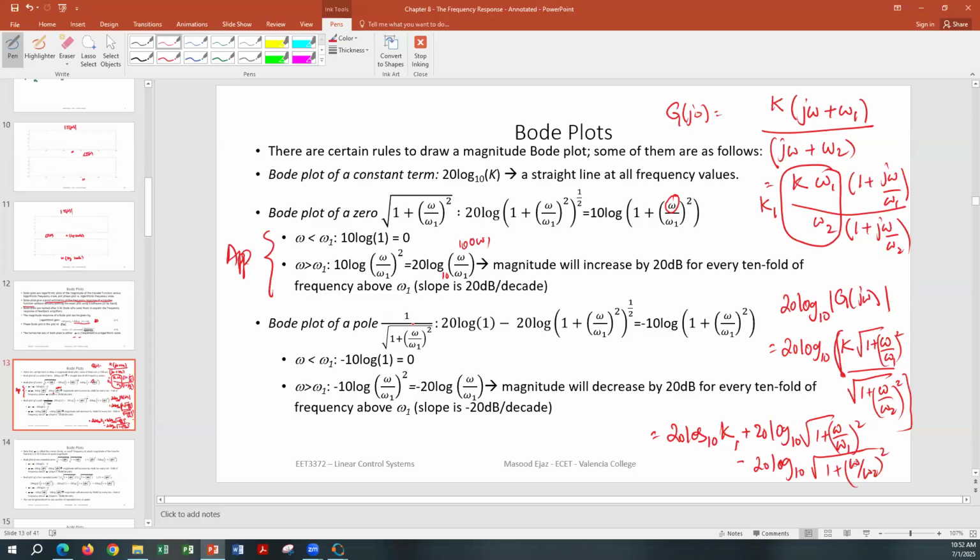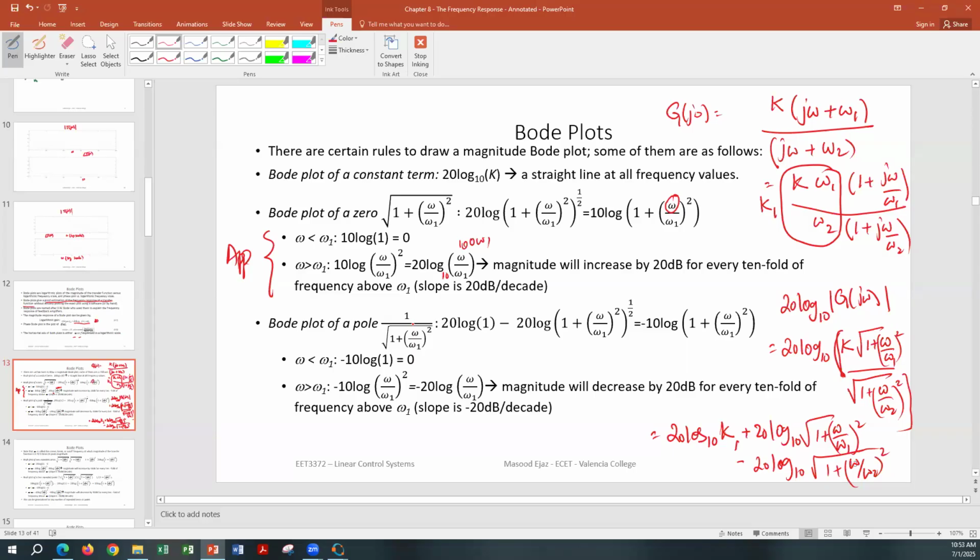So this describes the approximation. The first one is not an approximation, but the second one for the zero and the third one for the pole are the approximations for the Bode plot. So again, if you have a transfer function like this, the constant results in a constant value. The zero is going to be 0 up to omega equal to omega 1, and after omega 1 it increases by 20 decibels per decade of the frequency.